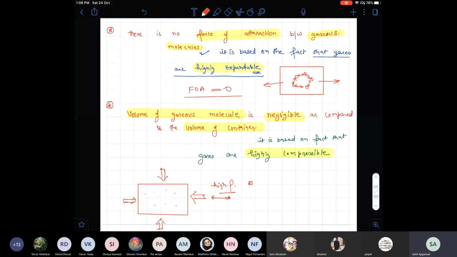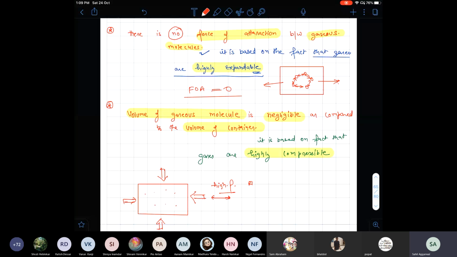Understood both the points? So just repeat once again. In case of first, we are saying that force of attraction between gaseous molecules is negligible or no force of attraction.